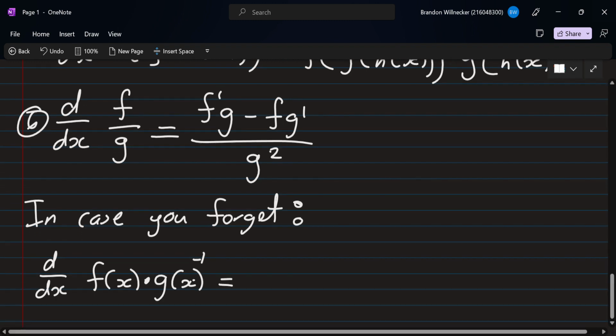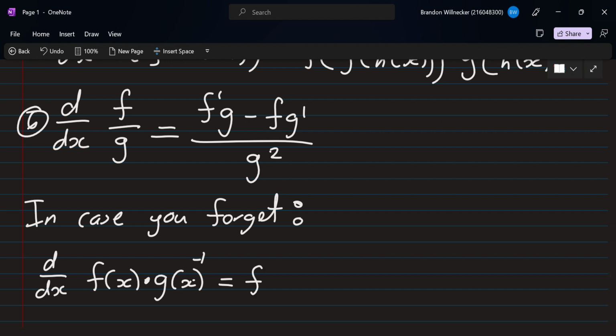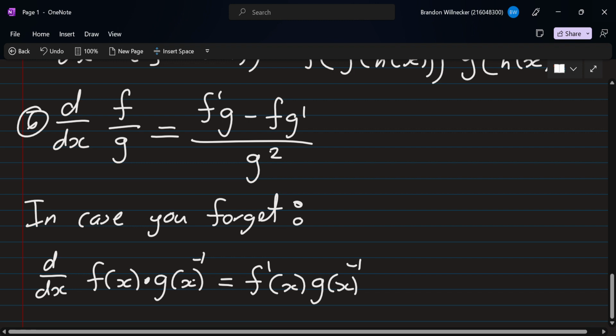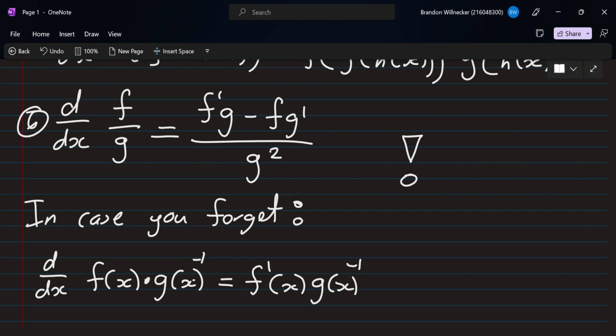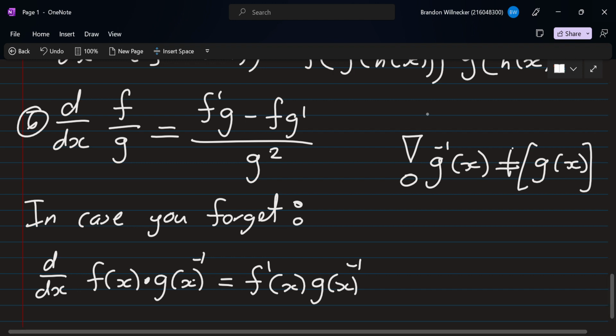This means we differentiate the first one and leave the second one alone. So we have f prime times g to the exponent minus 1, not inverse, just exponent minus 1. While we're on that, remember that there is a difference between g inverse and g of x to the minus 1. Let's put brackets around minus 1. Just because the exponent is minus 1 doesn't make it an inverse.